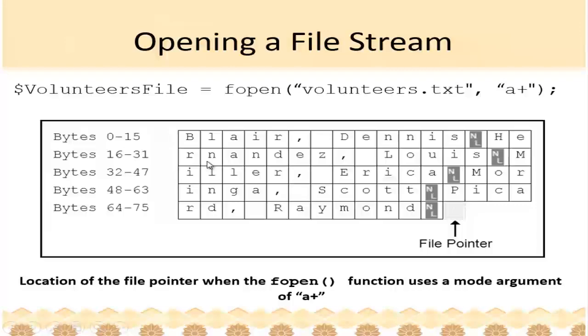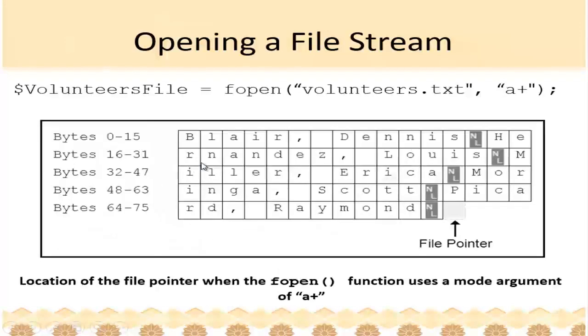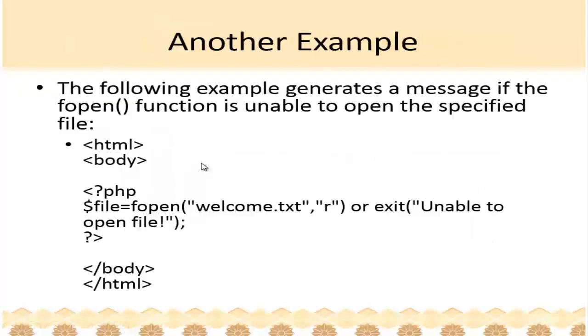In the append mode, append is to add at the end. So if you open it in the append mode, the file pointer will be at the end of the file, so whatever you write will come here. Whereas in the read and write modes, it starts from the beginning. In the append mode, existing content will be there, and you are going to add something to that content.